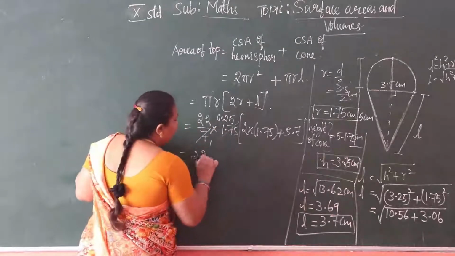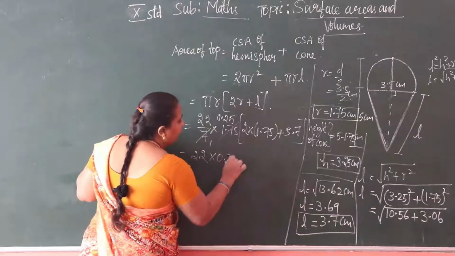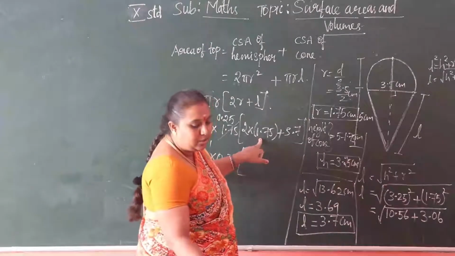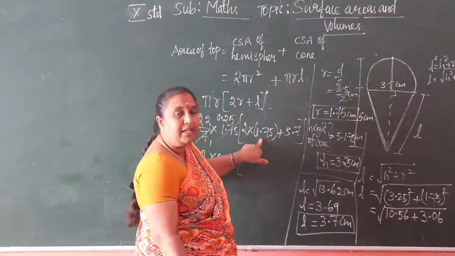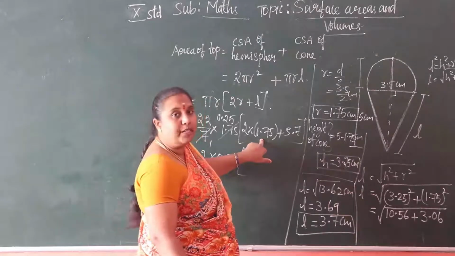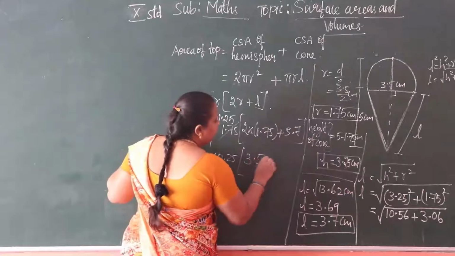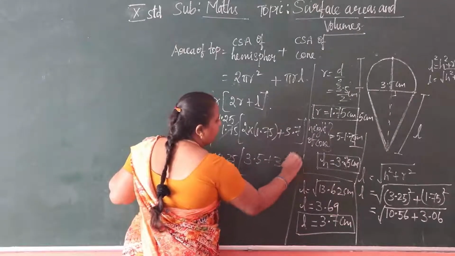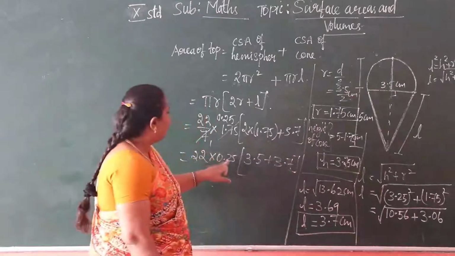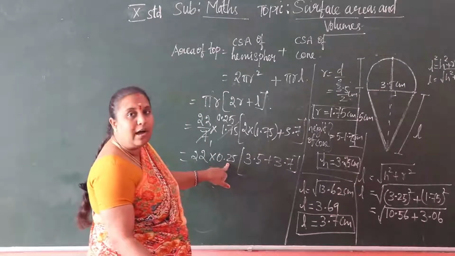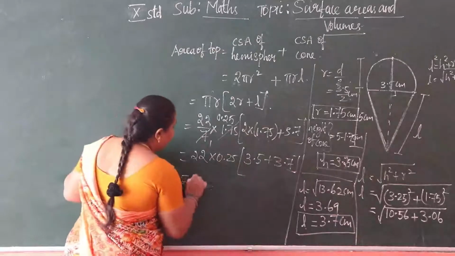So 22 into 0.25 into 2 into 1.75. That is 2 into 1.75, 3.5, plus 3.7. 22 into 0.25 gives 5.5.